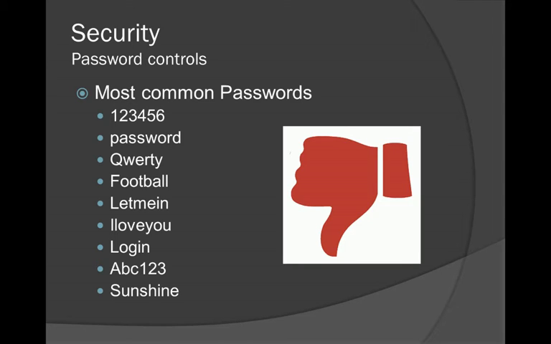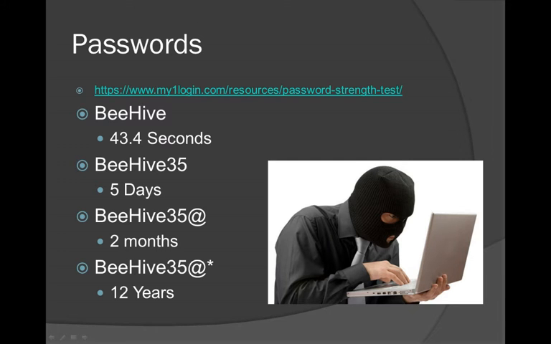So let's move forward. Let's look at an example of the password, which is Beehive. Beehive is just a little fun word, and that's the website I use there. Beehive can be cracked in 43.4 seconds because it is in a password library, which I will get into momentarily.